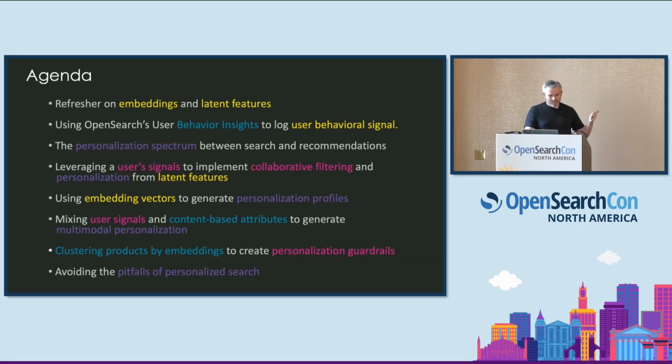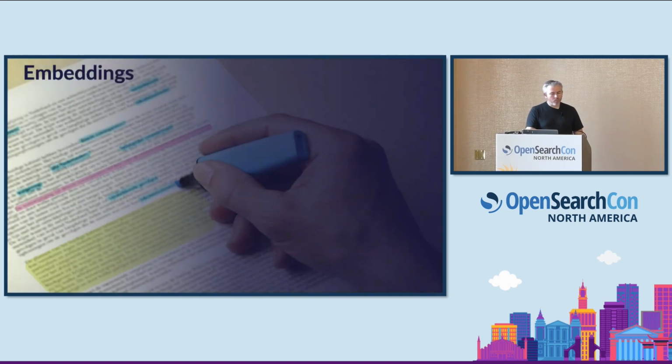So we'll talk about the personalization spectrum between search and recommendations, leveraging user signals to implement collaborative filtering and personalization from those latent features, using embedding vectors to generate personalization profiles, mixing user signals and content-based attributes to generate multimodal personalization, clustering products by embeddings to create personalization guardrails, and finally, some of the pitfalls of personalized search and why you may or may not want to use some of these techniques.